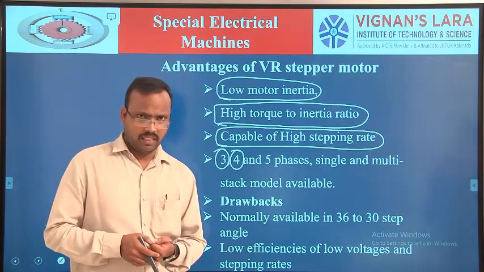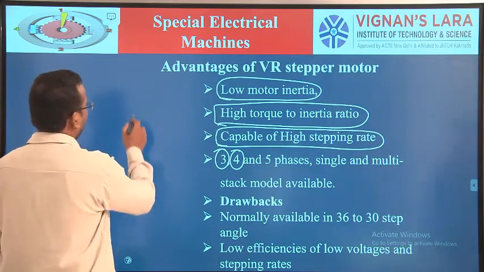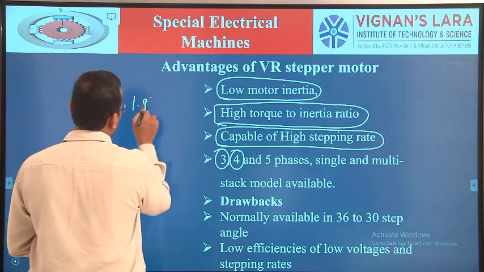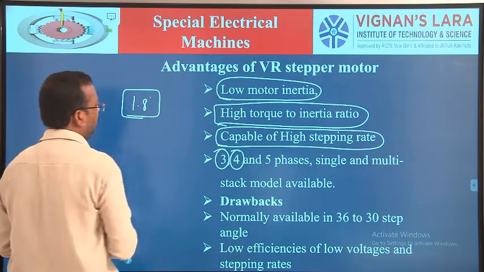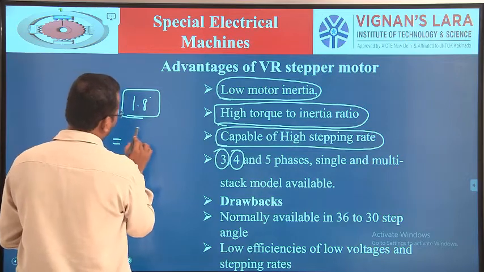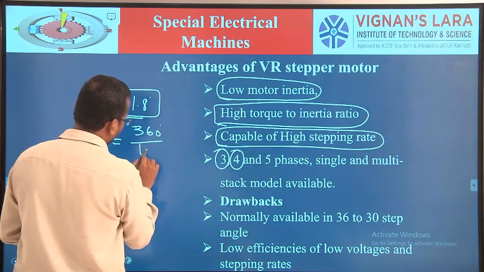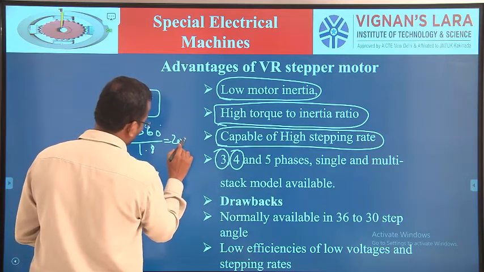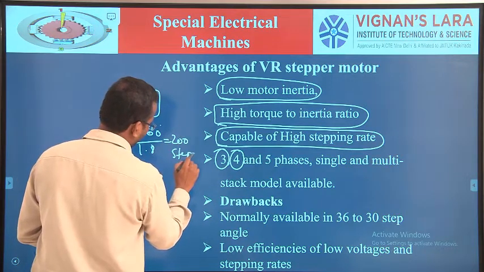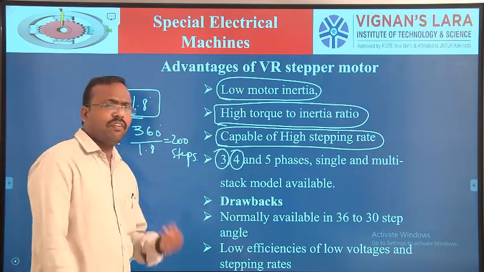The minimum step angle for the variable reactance stepper motor is about 1.8 degrees. So 360 upon 1.8 is approximately 200 steps per revolution. Like this, you can get more efficiency.